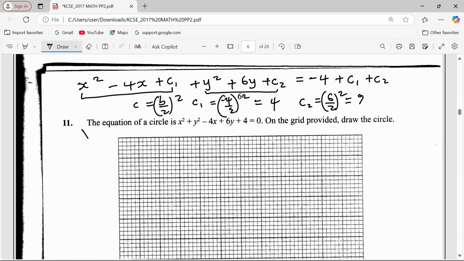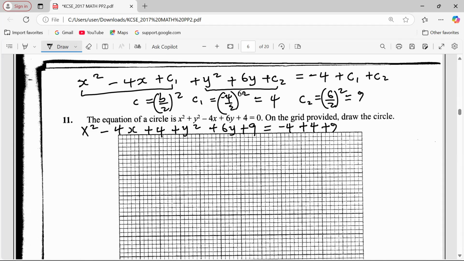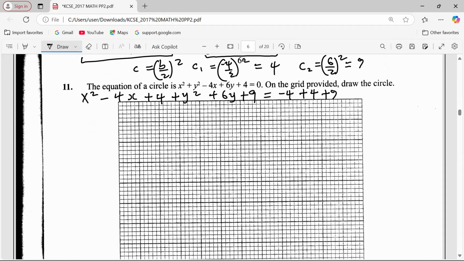So we'll be adding x squared minus 4x plus 4, then plus y squared plus 6y plus 9 equals negative 4 plus 4 plus 9. You see now on the right-hand side, it will simplify to exactly 9. Then on the left, we will have to factorize now. This is a perfect square.